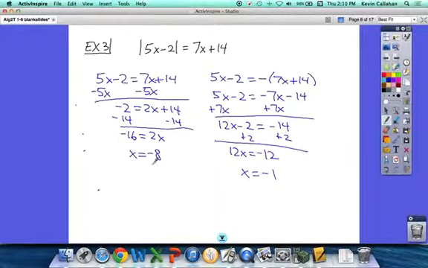Let me check this negative 8. If x equals negative 8, what does the right-hand side equal? If I plug in negative 8 here, 7x plus 14, what does it equal?